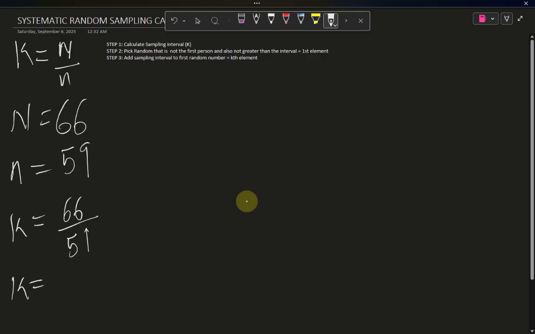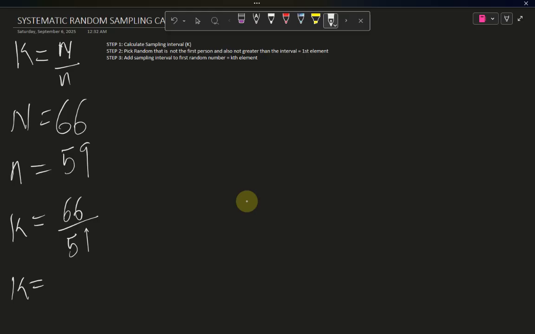When you have a small sample size, you don't use systematic. You use simple random sampling. But when you have a large sample size, that is when you can then use the systematic.